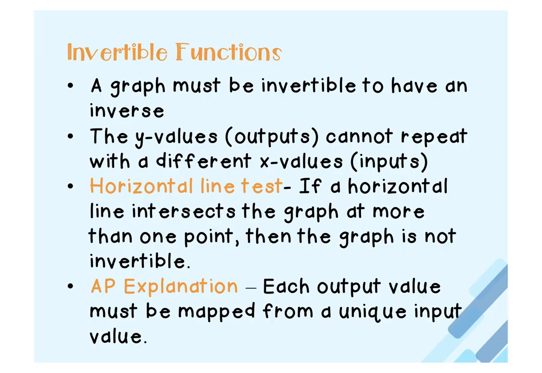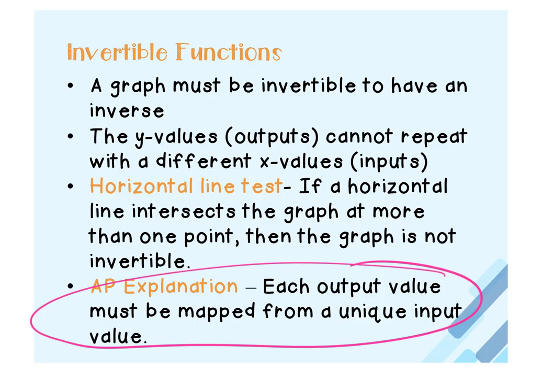But if it says on an FRQ to explain your answer, and my answer is it can't have an inverse or it's not invertible, you cannot use the words it fails the horizontal line test. They won't give you the point. You have to use this explanation: each output is mapped from a unique input, okay? So you have to use this verbiage.